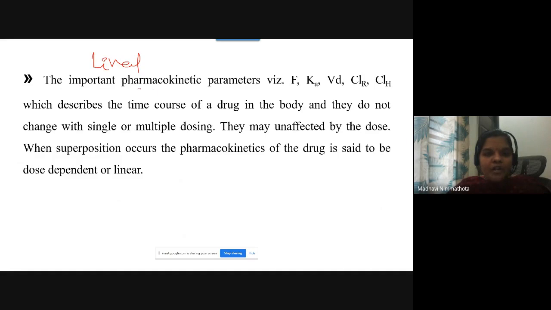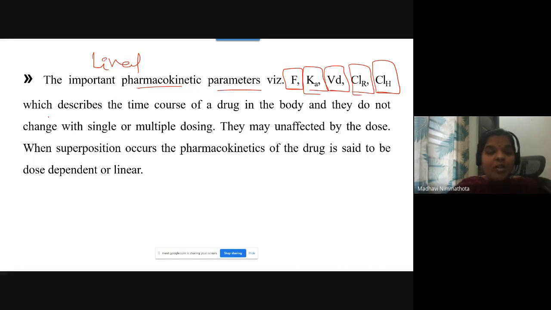The important pharmacokinetic parameters are the fraction of bioavailability, capital F; Ka, the absorption rate constant; Vd, volume of distribution; Clr, renal clearance; and Clh, hepatic clearance.